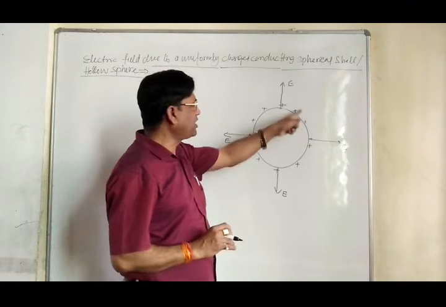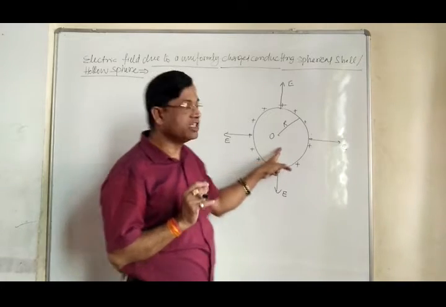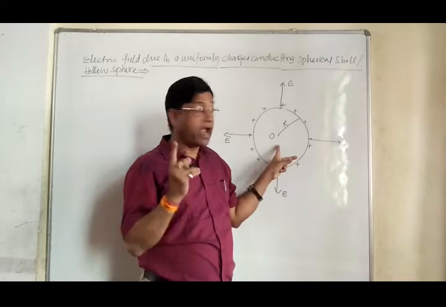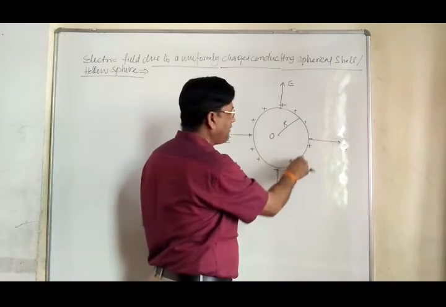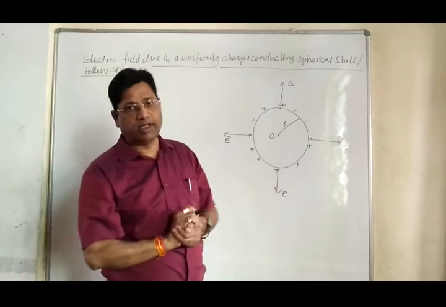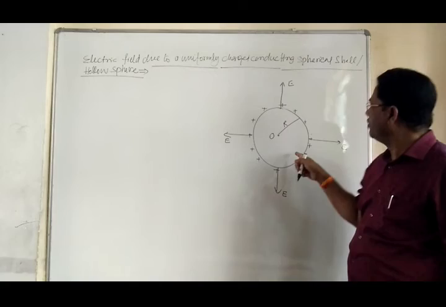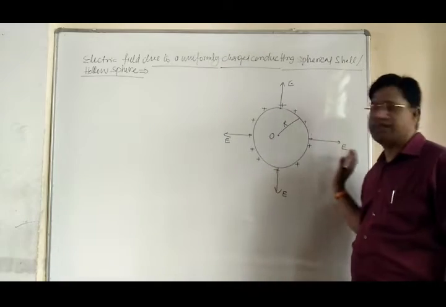Then you know the electric field due to this uniformly charged spherical shell is radial and directed outward, and the magnitude of the electric field is constant at every point equidistant from the center O. Then we can say that the electric field due to this uniformly charged sphere is spherically symmetric.